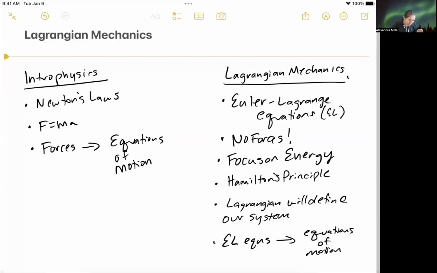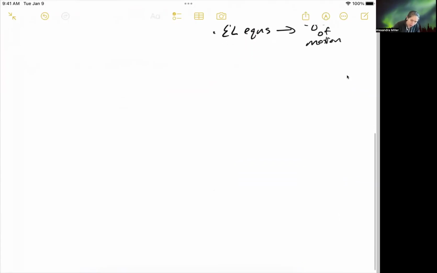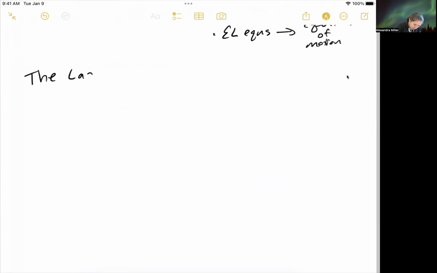Okay, so that's a little bit of an overview. So I keep mentioning this object called the Lagrangian. So let's talk about this. So this is a scalar field.